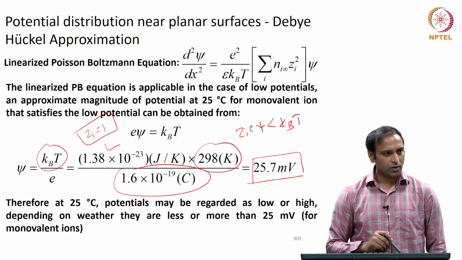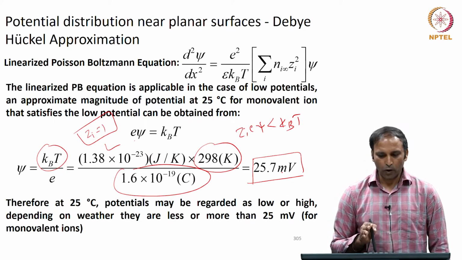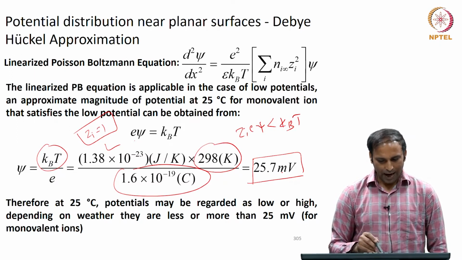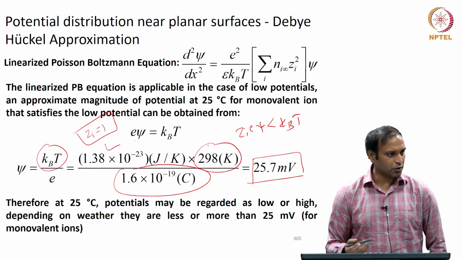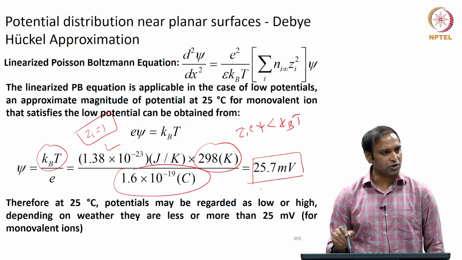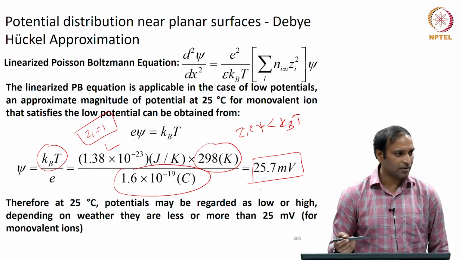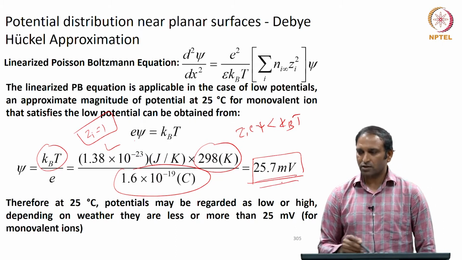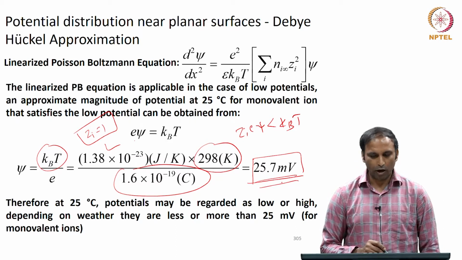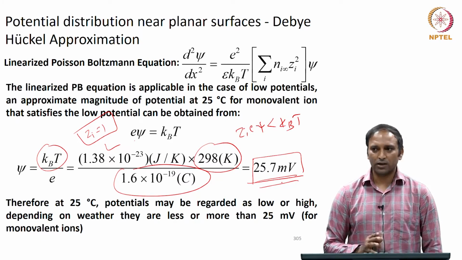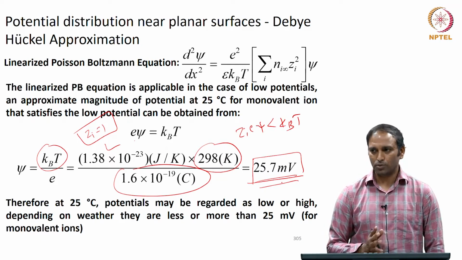So you can say that if you are working with charged particles at 298 Kelvin, room temperature, and the zeta potential of the particle that you have measured is 25.7 millivolts or lower, I can assume that the particle charge is low.